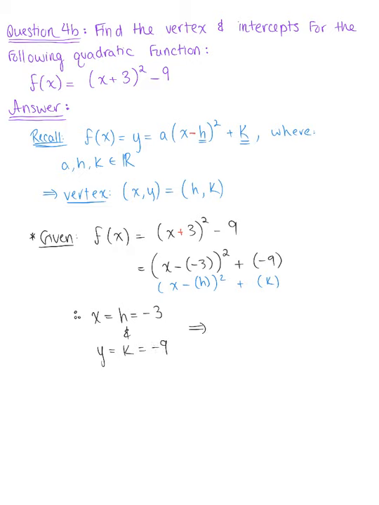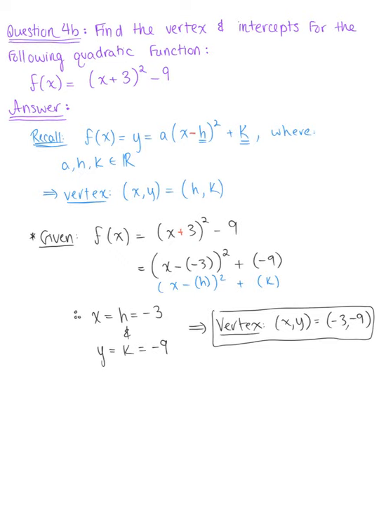So therefore, our vertex is the coordinate point (x, y) equals (negative 3, negative 9). So now we have our vertex.